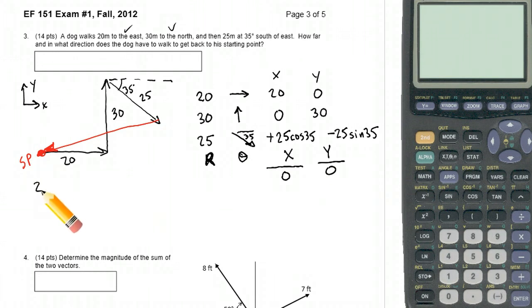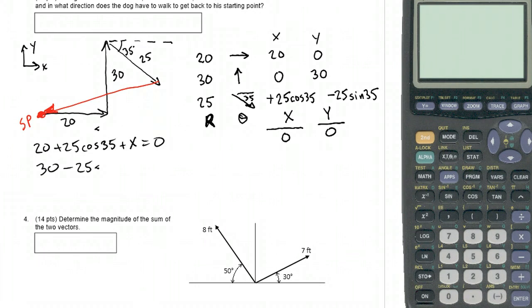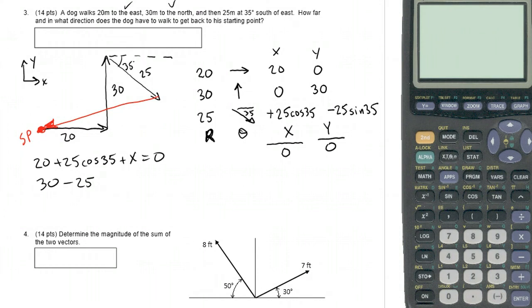Alright, so I'm going to write it out here. 20 plus 25 cosine 35 plus X equals 0. And in the Y, I have, omitting the zeros, 30 minus 25 sine 35 plus Y equals 0.